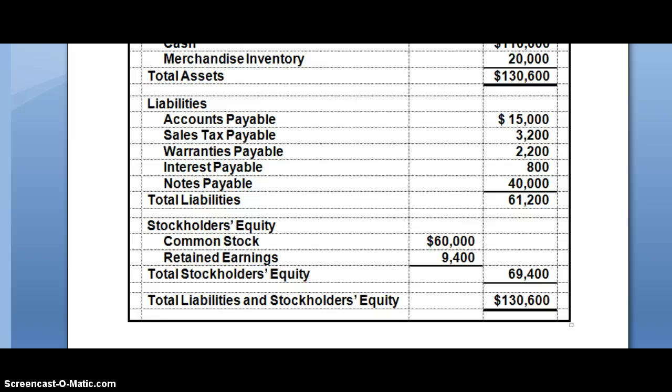You take total assets, assets equal liabilities plus equity, 130,600. Then you take 69,400 plus 61,200. I'm adding up the liabilities plus equity. 130,600. Everything balances out.